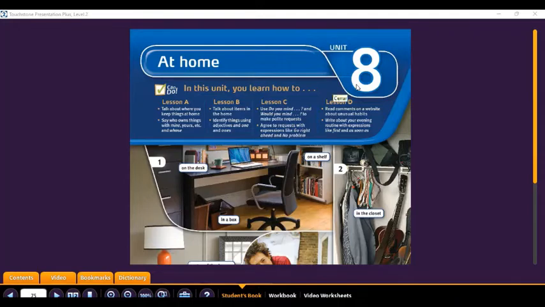Okay, girls. So today we're going to start with unit A. At the end of the class, I'm going to give you the date for our second exam. Okay, so let's start with unit A. In this lesson, we have four main objectives. The first one is, in the part of the grammar, we're going to learn the possessive pronouns like mine, yours, and whose.